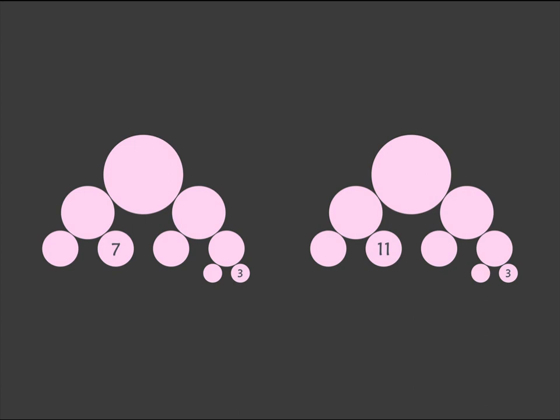So how many different integers are there with that shape and the 7 and the 3 in those positions? How many different integers are there with that shape and an 11 and a 3 in those positions? So which one's more? First of all, you can take a guess. Your class can, before they do any calculations, guess which one they think is going to win. Okay, now I'm going to show you the answer.